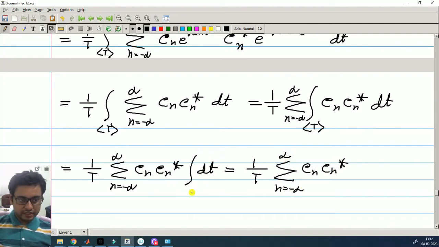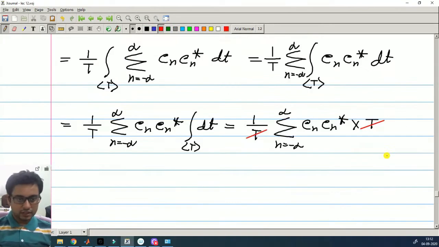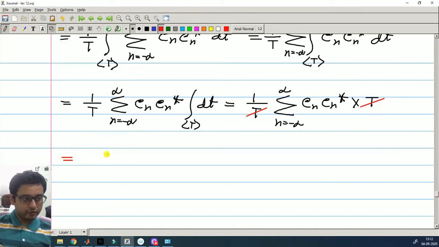This integration of dt over a cycle will give T. So cancel these two T's, and finally we have sum over Cn star from n equal to minus infinity to plus infinity.